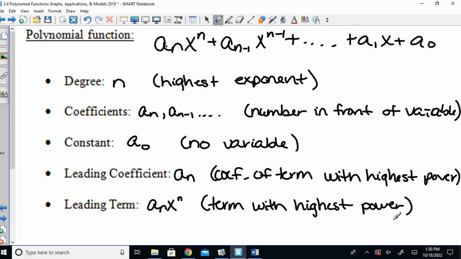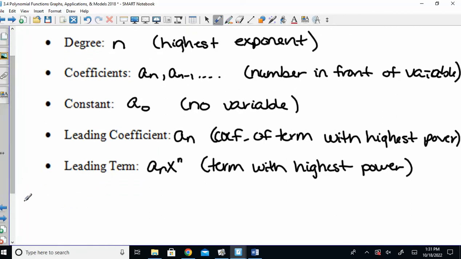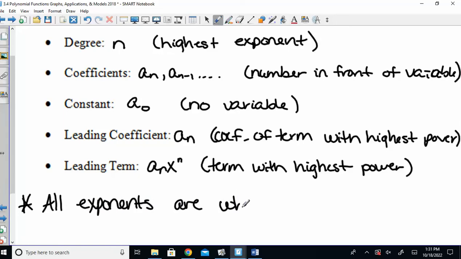The thing about a polynomial, when you are looking at it, all the exponents have to be whole numbers. So that means you won't see any negative exponents, no fractions or decimals in your exponents.